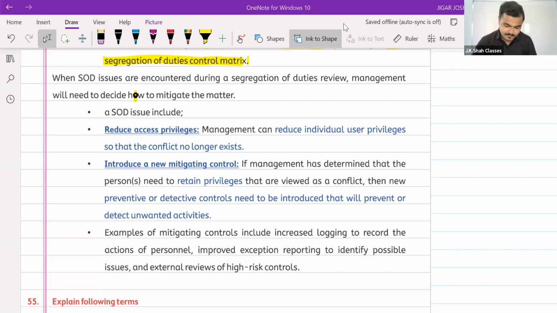Mitigating means minimizing, people. Once it is done, my dear chartered, please let me know.